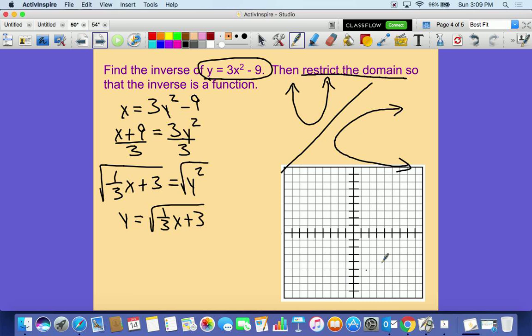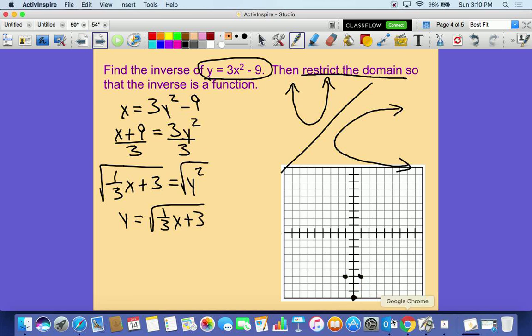If we did negative b over 2a, we find out that our vertex is at the point 0, negative 9. And then if we throw some points in, throw in a 1, we get a negative 6. It's going to be the same over here.